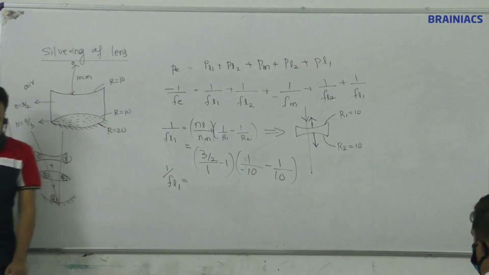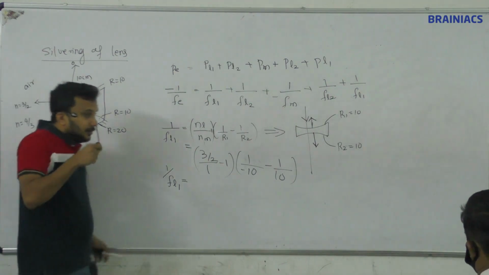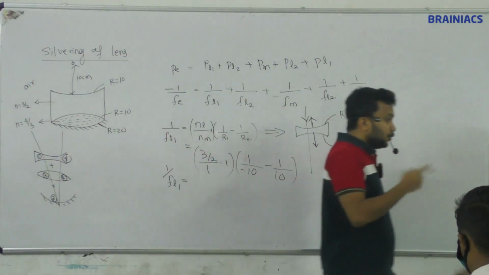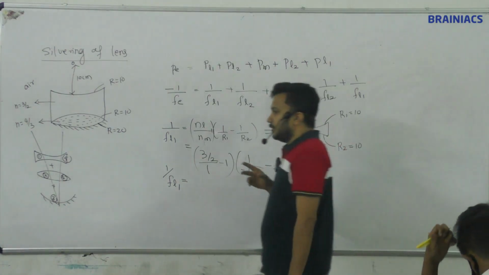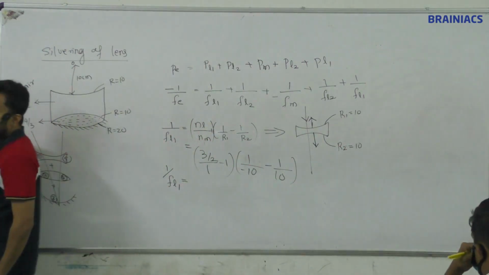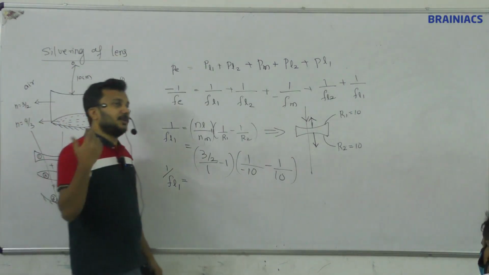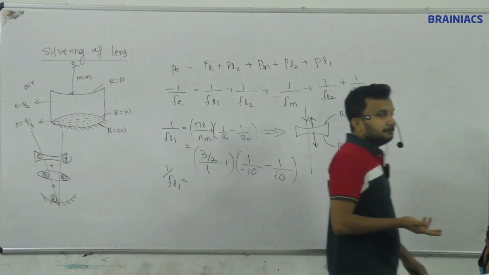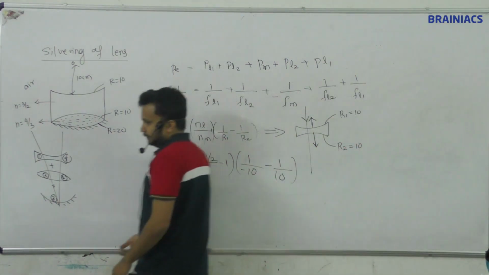Slowly understand and then write. Do not blindly copy from the board. What you write in each step, you should know. Then only, if any questions come, you can think your own way. You are always facing a new model, but whatever you have learned from your previous experience, you apply in the paper. That's what always happens.